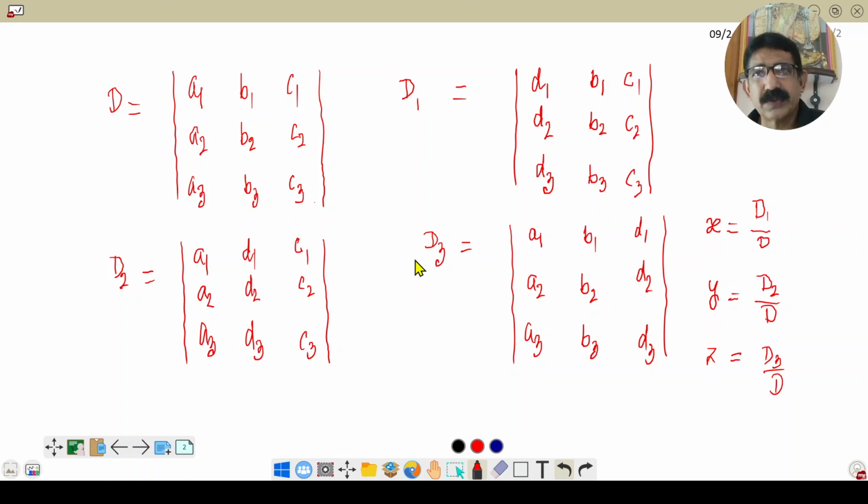There are so many rules relating to circuit analysis, and all the rules are not under the purview of higher secondary syllabus, but Kirchhoff's law and the problems related to Cramer's rule and Kirchhoff's law are under the purview of higher secondary syllabus.